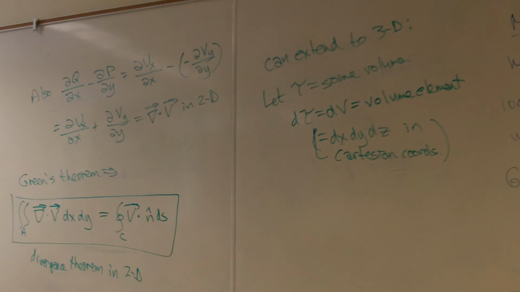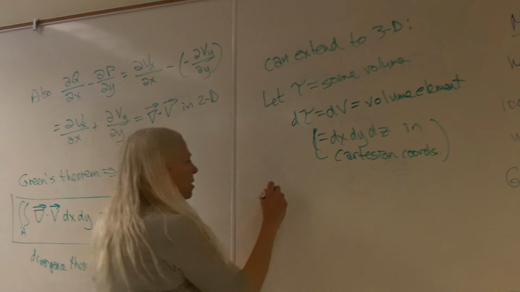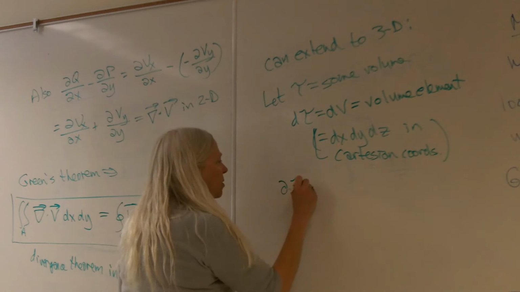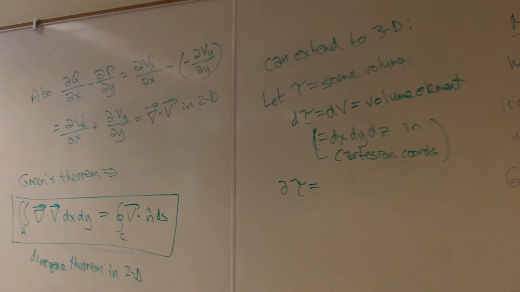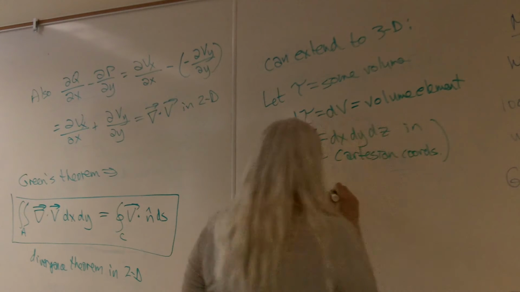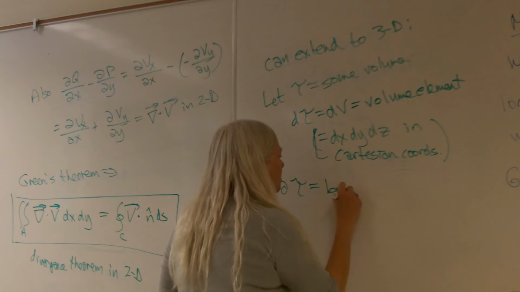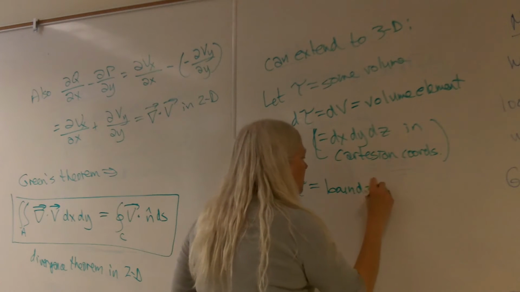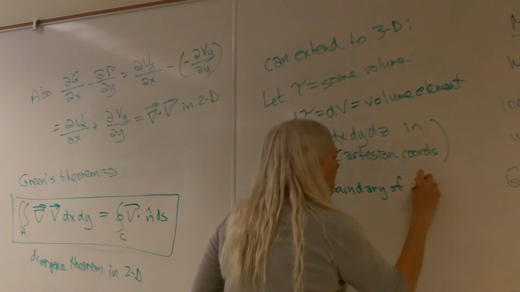So anyway, let's then use the symbol delta tau, kind of analogous to the delta A that we used over here. Over here we use the symbol to mean the boundary of A. So let's say that this is the boundary of the volume tau.